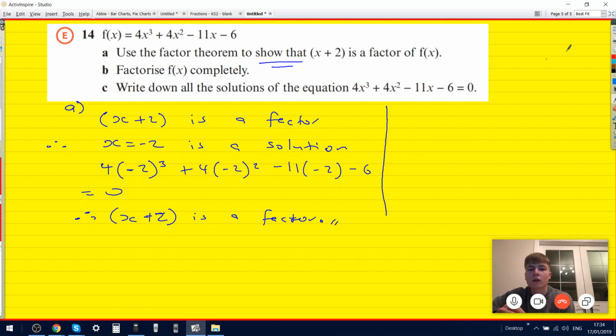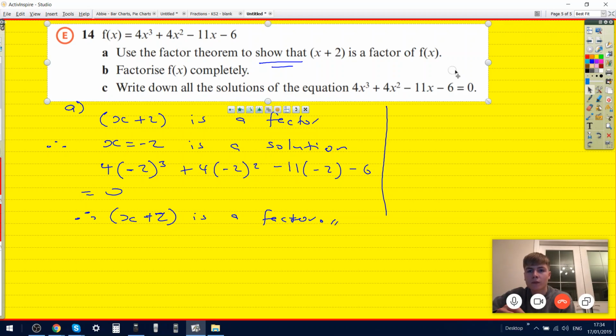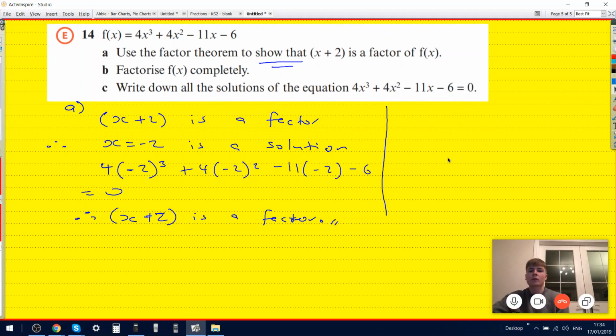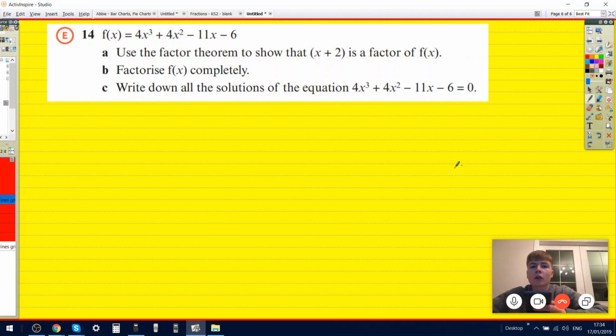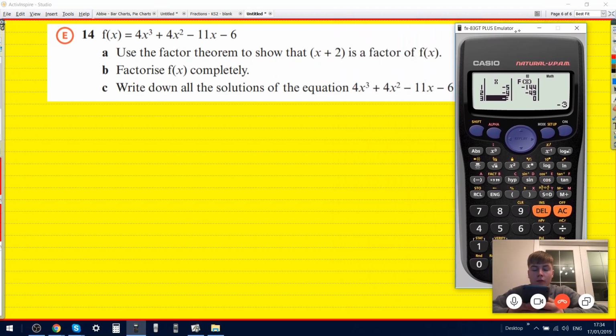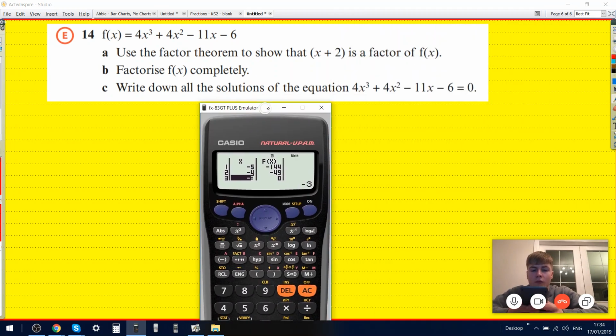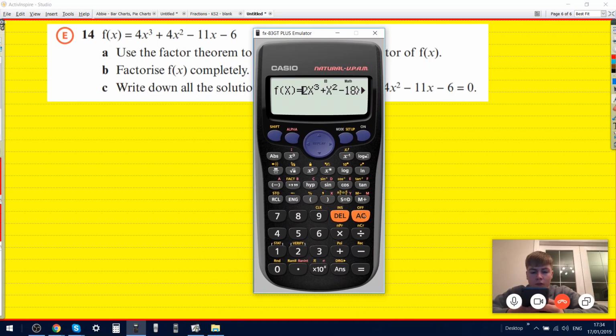Okay, part B. Now you have to factorize completely. So now you would use your table method for that. Are we doing start at minus 5 and end at 5 again?